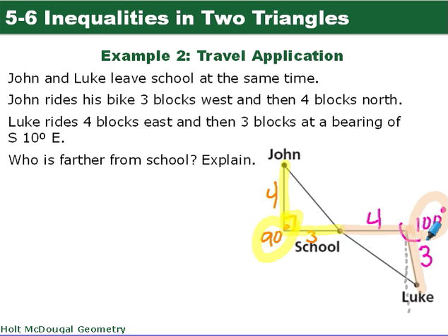So on our Hinge theorem, that tells us that this side from Luke to school has a larger angle. This side's longer than John's distance from where John ended up back to school. So Luke went further by the Hinge theorem.